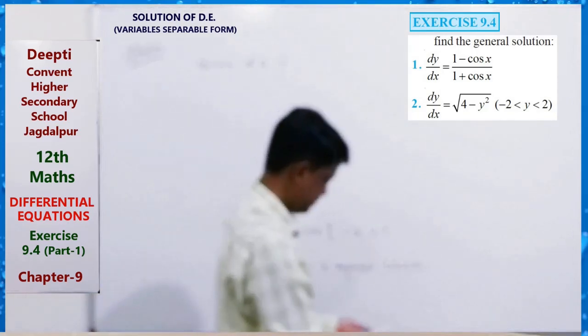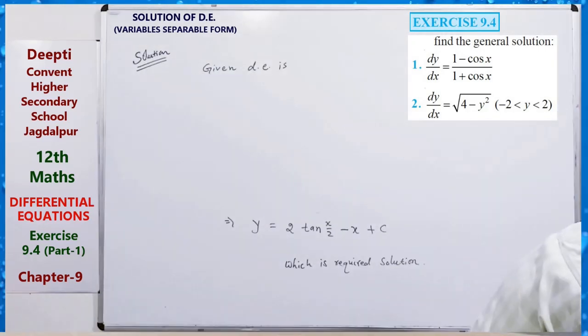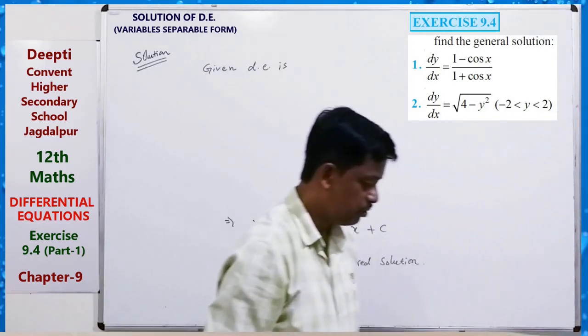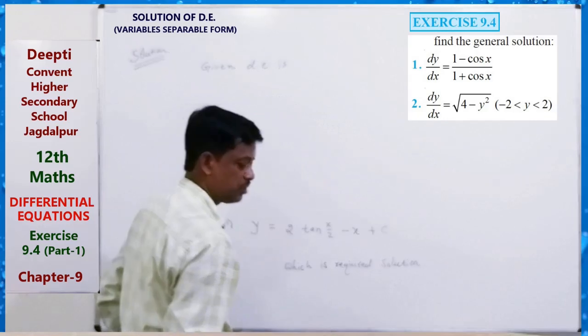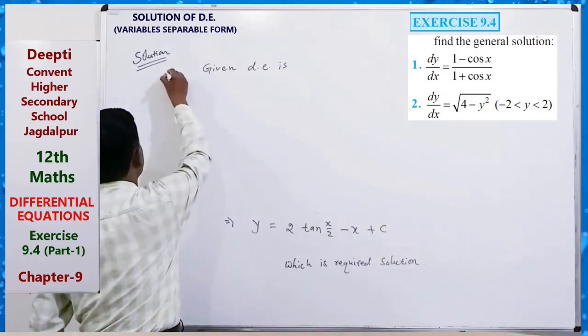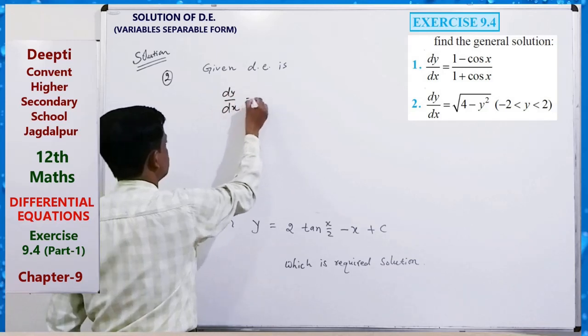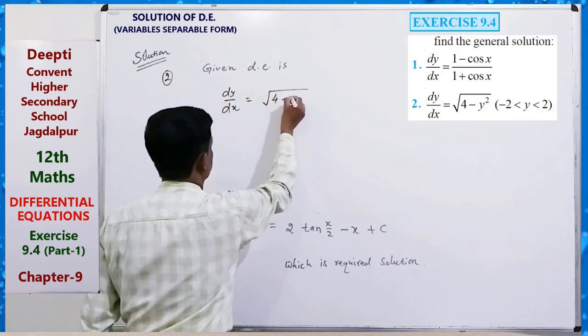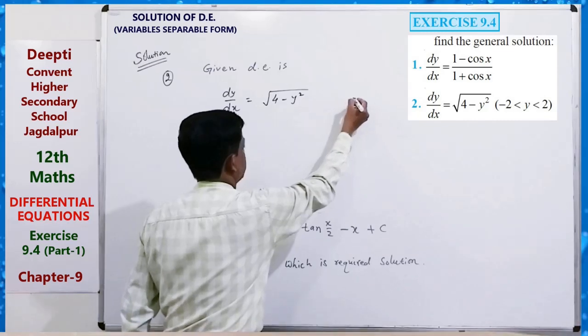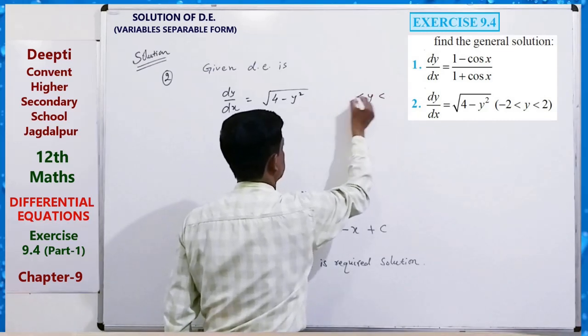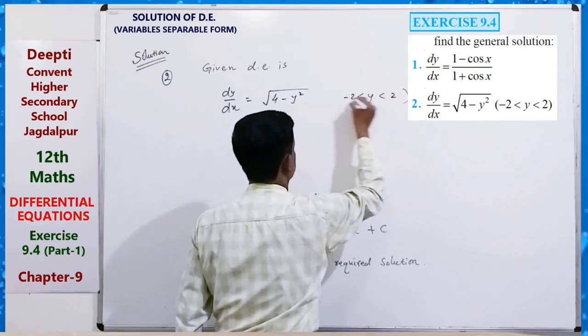Take the second question. dy by dx equals root of 4 minus y square, where y lies between minus 2 and 2.